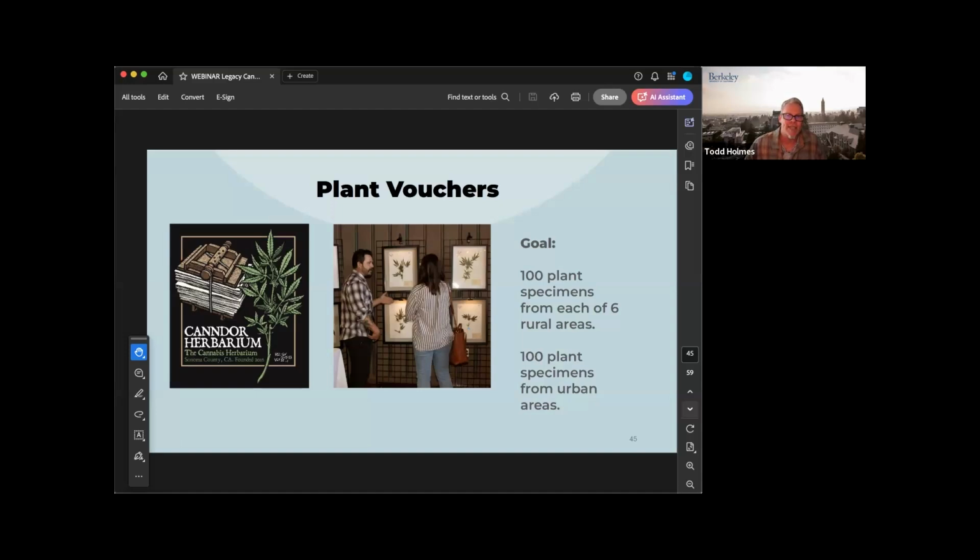The vouchers act as a reference of the plants and will be linked to descriptive data such as the cultivar, the growing environments, and cultivation techniques and methods. The vouchers will be held as a community resource as a special collection within the Candor Herbarium, the first cannabis herbarium in the world. Next slide, please.